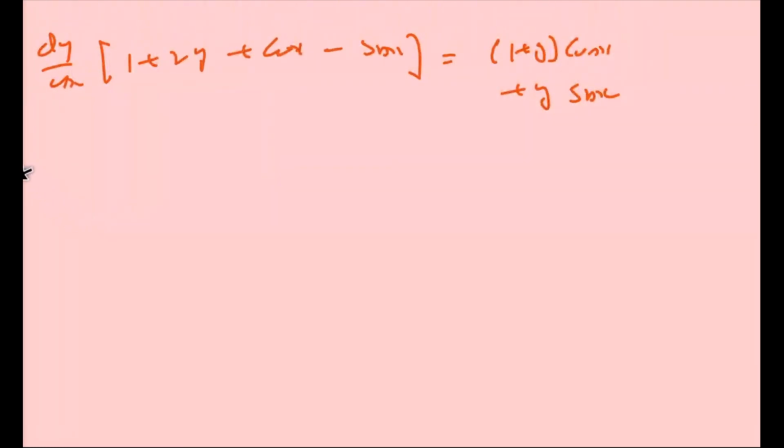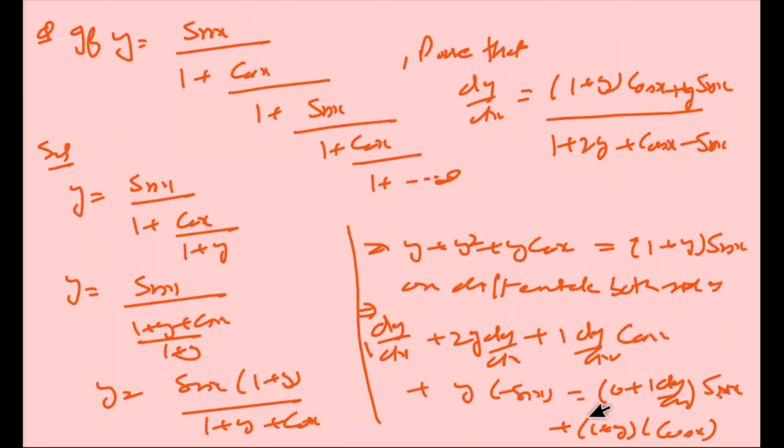Just check it. Dy by dx, 1 plus 2y plus cos x, and here also dy by dx taking common, minus sin x, and what we left here is 1 plus y cos x, and this one is here 1 plus y sin x.